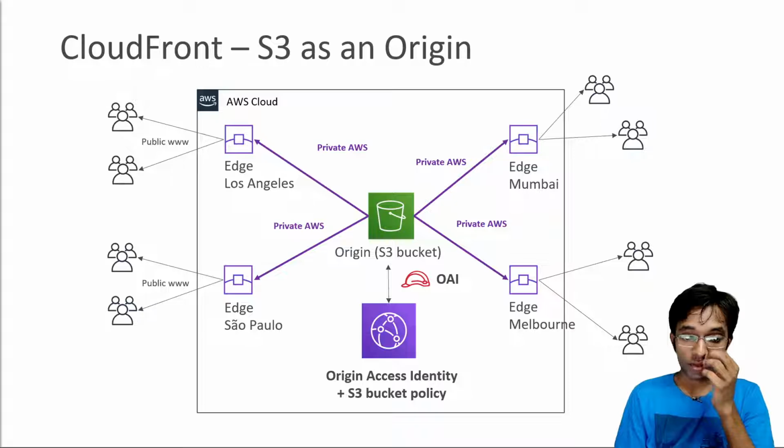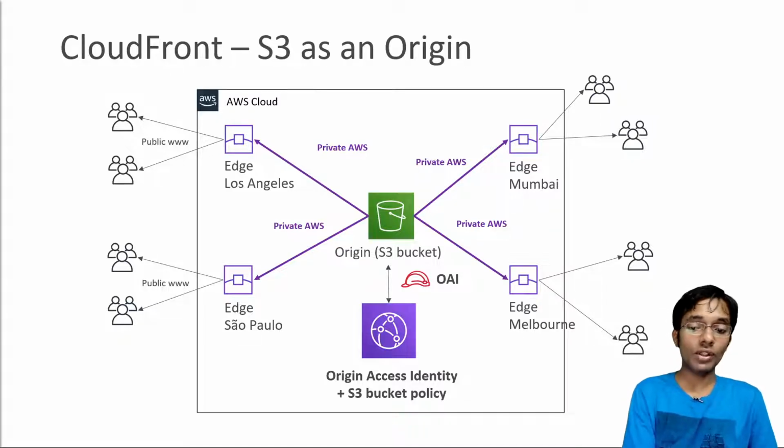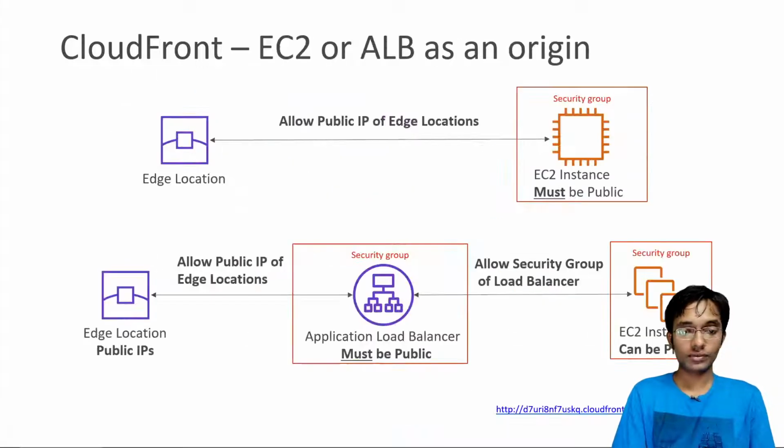But what if you want to have EC2 or an application load balancer, an ALB, as an origin of CloudFront? This is rather new. We have our EC2 instance and it must be public.